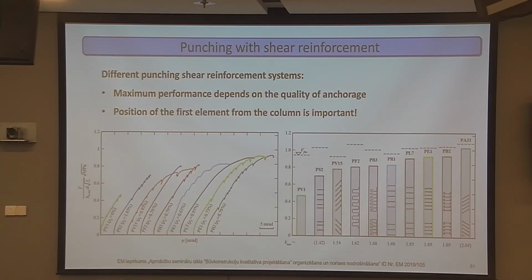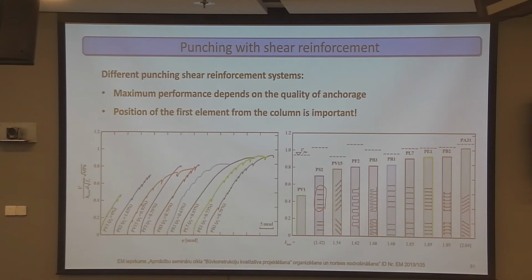We have tested, at EPFL, a lot of different shear reinforcement systems. This one is for post-installed shear reinforcement, for when you find out that you need to reinforce something against punching. One way is to drill screws into the concrete from the bottom side. Or rather, you first drill holes and then you fix them with some chemical adhesive mix.